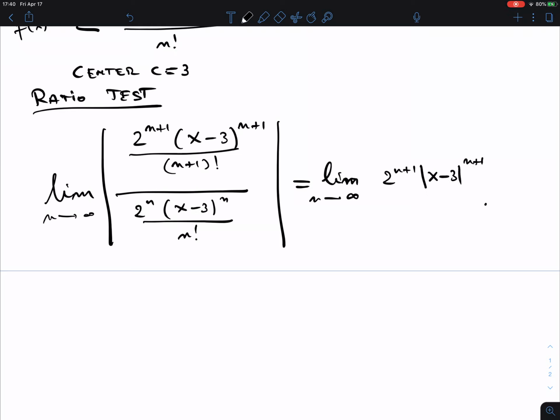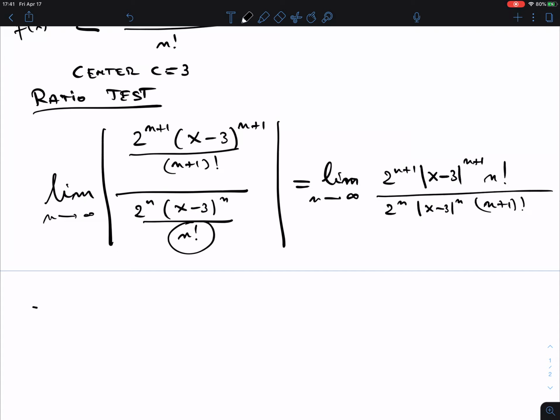I'm putting x minus 3 between absolute values because that's the only thing that can be negative. This, of course, is positive. Okay, that goes there. What goes in the denominator? The n plus 1 factorial, which I'm going to write here, n plus 1 factorial. Then the 2 to the n is in the bottom. The x minus 3 to the n is also in the bottom. And on top, this guy, of course, goes all the way on top here, n factorial.